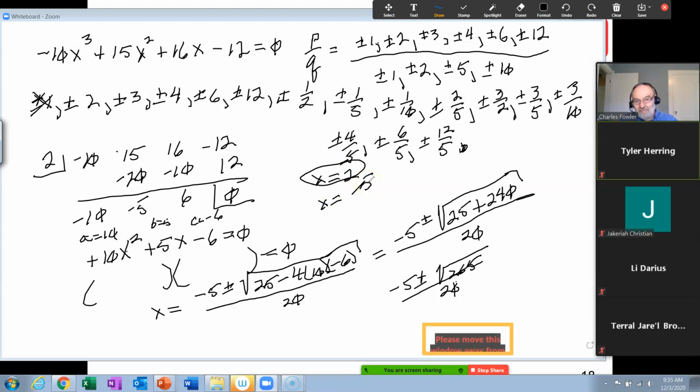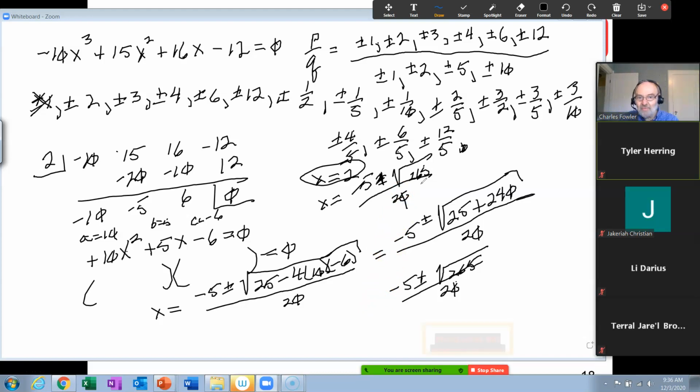Now the book did it without changing the sign. So minus 5 plus or minus the square root of 265 over 20.